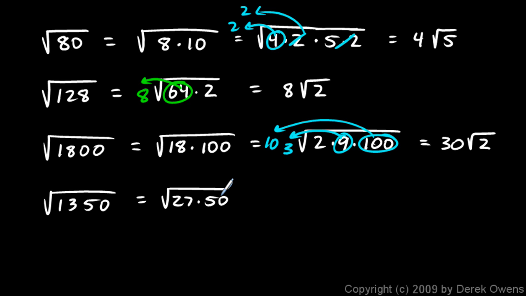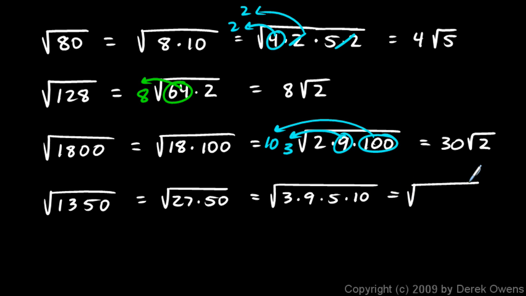Now, that doesn't help too much, but let's keep going here. 27, I know, is 3 times 9. So this is 3 times 9, and 50 is 5 times 10. And the 10 can be factored again. So let's write this as 3 times 9 times 5, and then instead of the 10 we have 5 times 2. So all of that is under the radical.